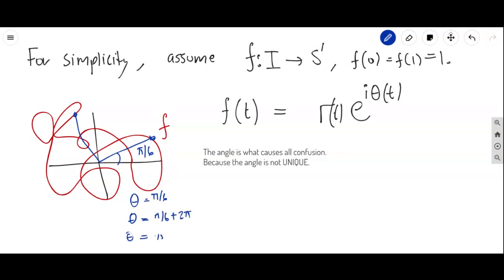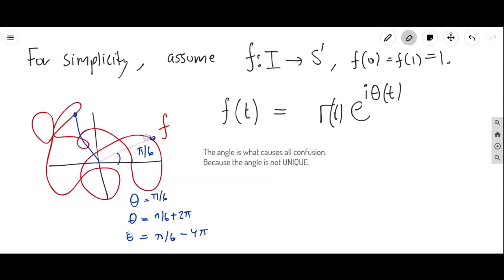Or you can subtract 2 pi twice, so you can subtract off 4 pi. All of these are valid choices for the angle. And the question is, which angle should you pick? Now, you might say at first, does it really matter? And it actually does if you want the function to be continuous.